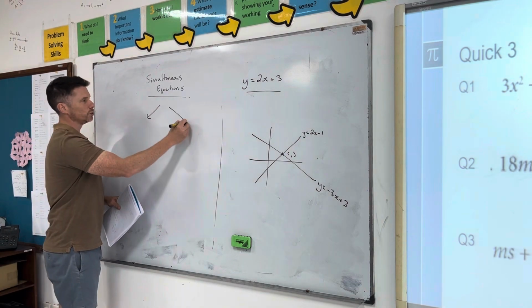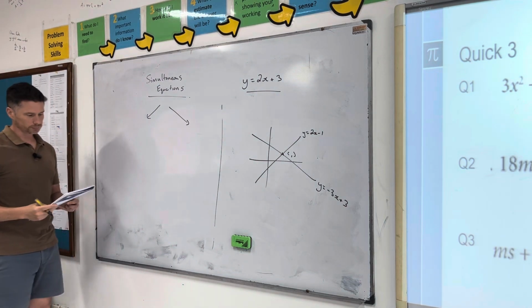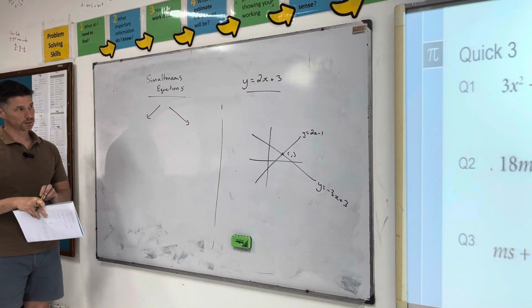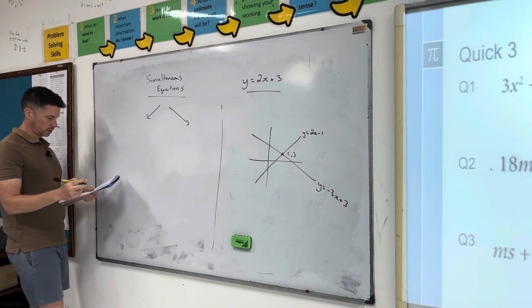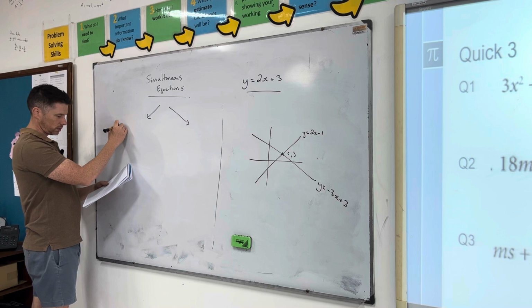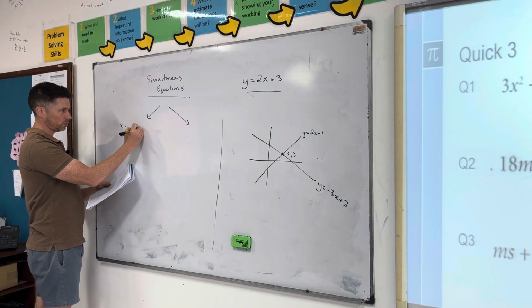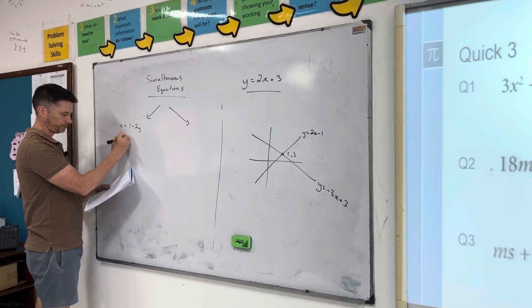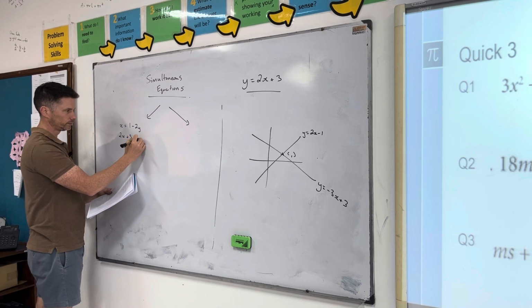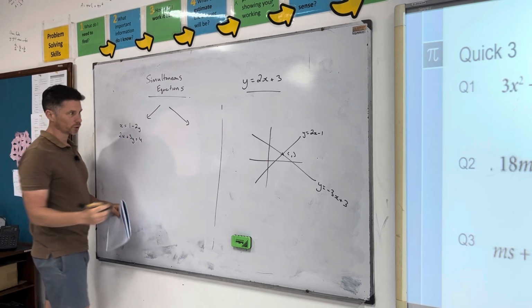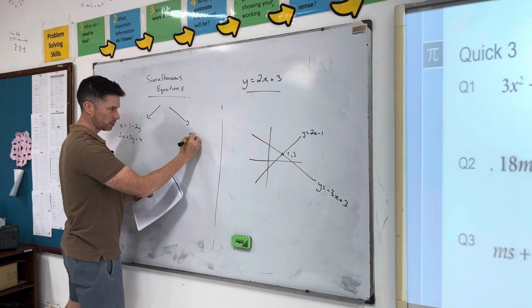We're going to use two methods to do that. Let's look at this one, 1 minus 2y. We're going to solve this one a different way.